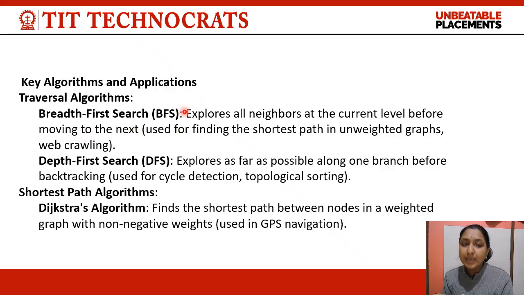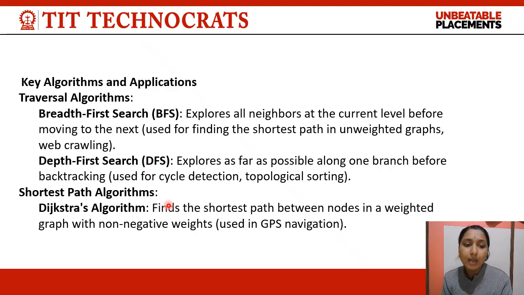Means it moves widthwise. It is basically used for finding shortest paths in unweighted graphs and web crawling, right? If I talk about depth first search, it explores as far as possible along one branch before backtracking, used for cycle detection and topological sorting.